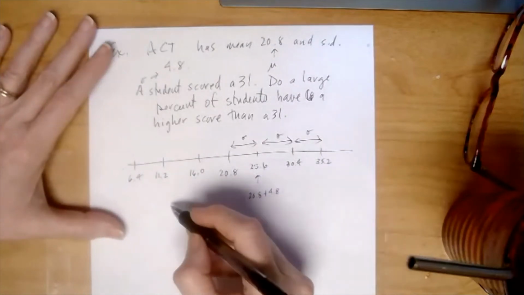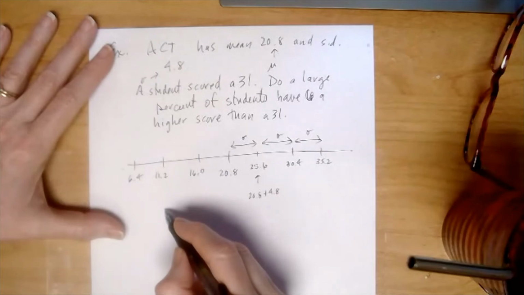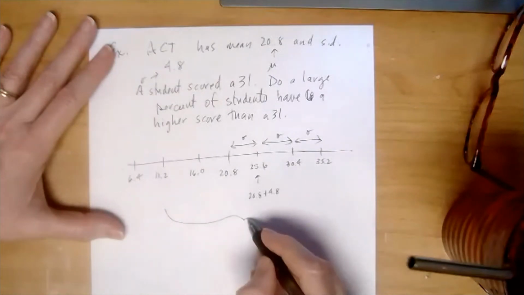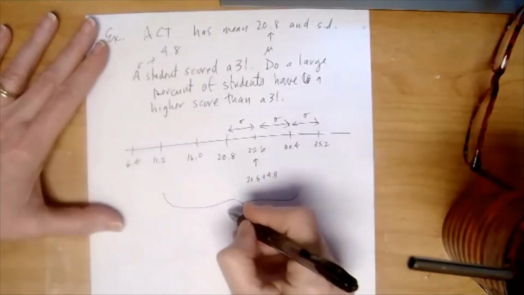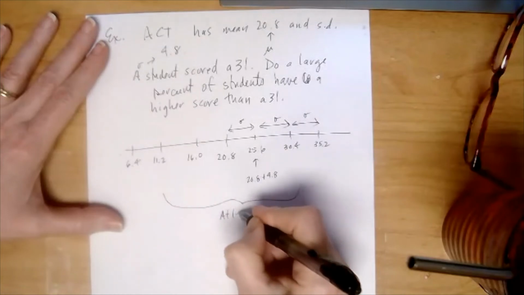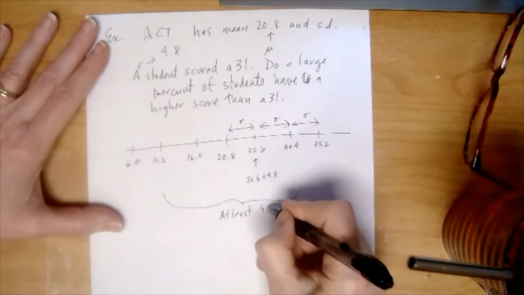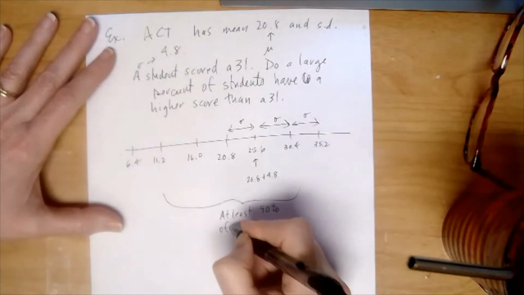All right, so here's the deal. We expect inside here, within 2 standard deviations, that at least 90% of students should score in here.